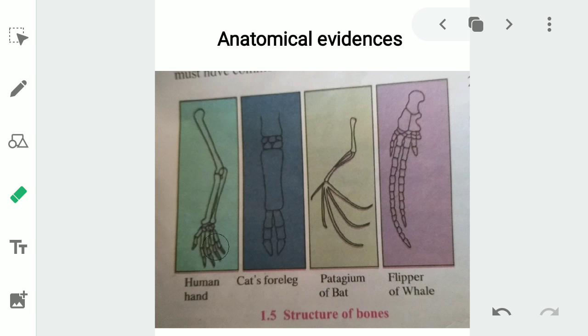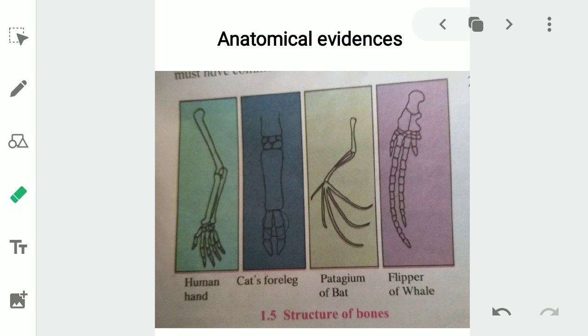Now all the structures have different functions in the body, right? The human hand is used to write, to eat, and to pick anything. The cat's foreleg is used to walk, then the wing of a bat is used to fly, and the flipper of a whale is used to swim.